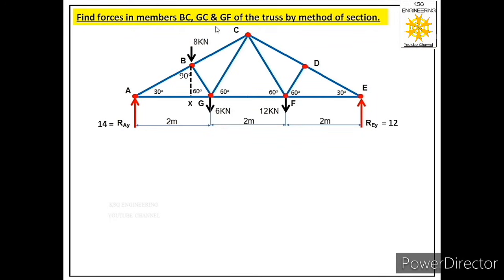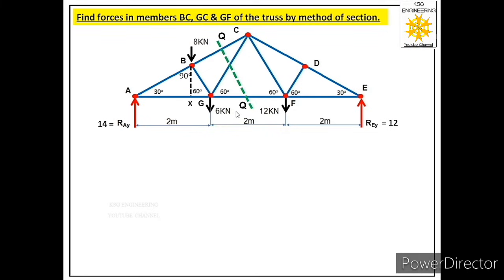It means we have to cut this truss along this section, because if we cut along this section, then we will be able to satisfy both the conditions.